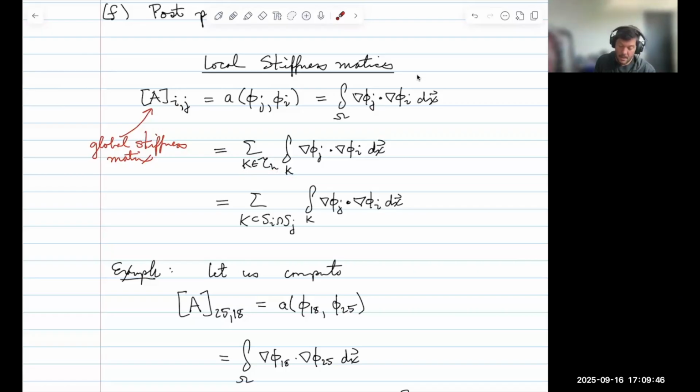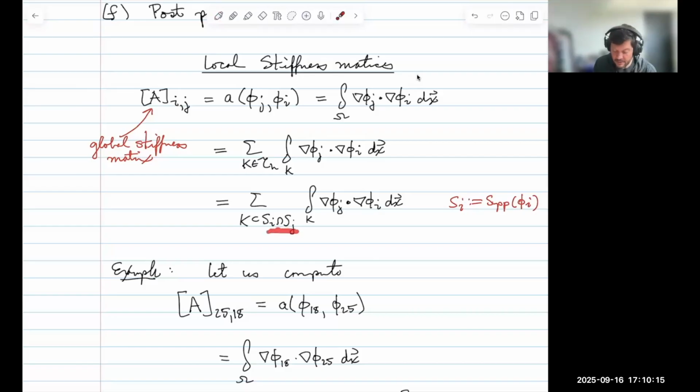Now, not all the triangles in the mesh are going to be in play though, because we're only really going to have to worry about triangles that are in the intersection of the supports. So here, S_i is by definition the support of phi_i. And of course that means S_j is by definition the support of phi_j.